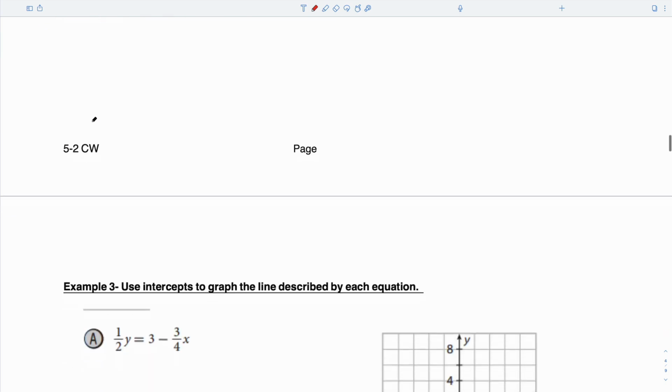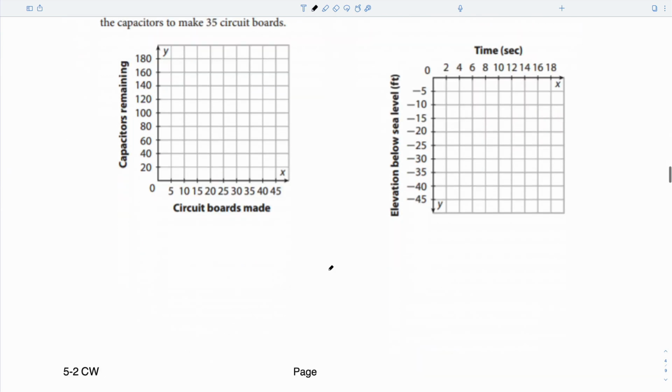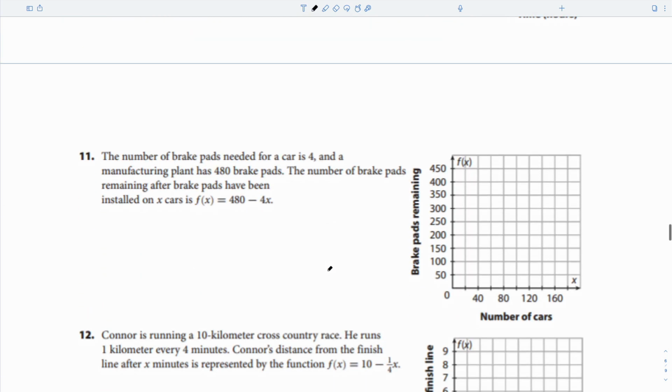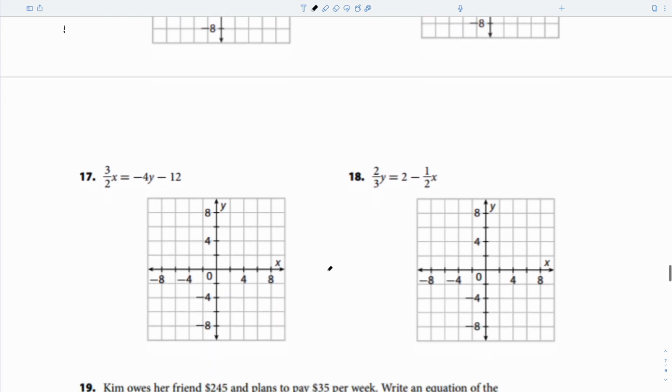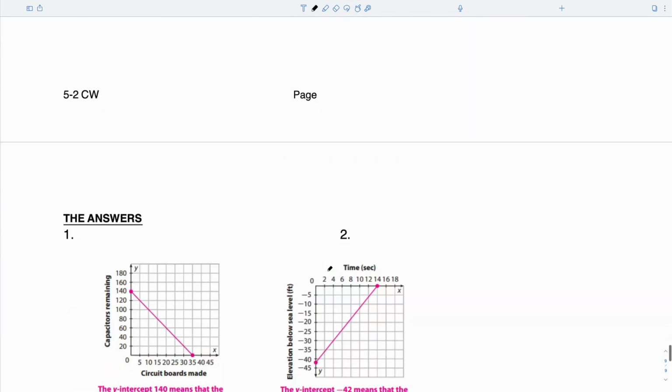You're going to do B on your own. Go. You've got a minute. Find the x and y-intercept, and we'll jump back up and explain what it means for A and B. Zion, try this on your own.